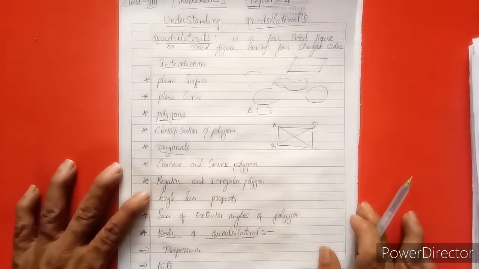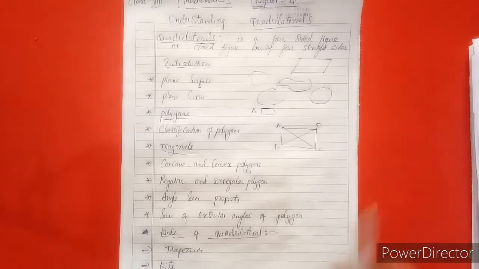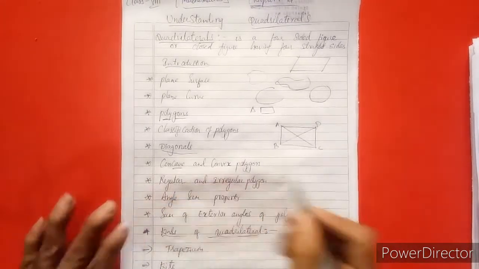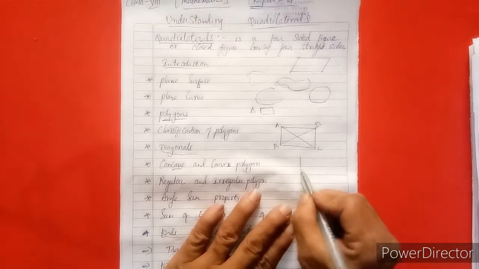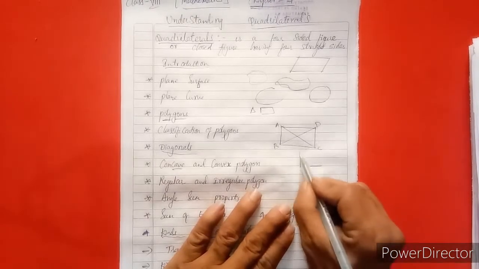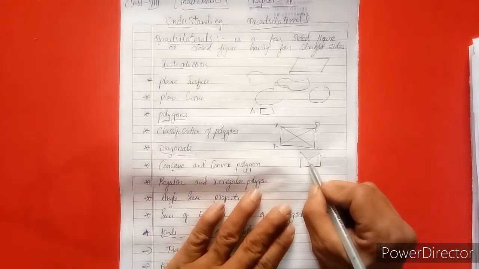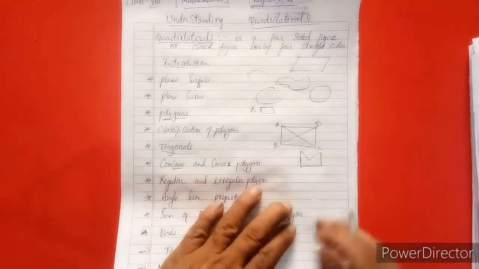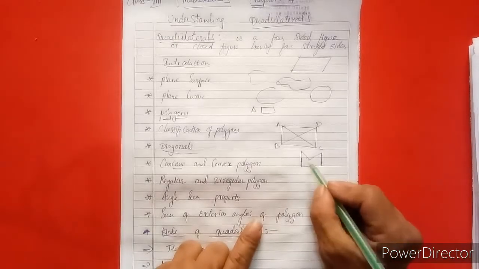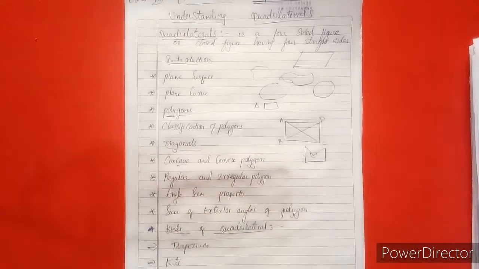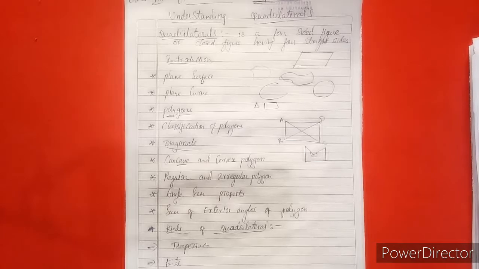Understood? Concave and convex polygon. Concave means a cave-like structure. Just assume here a figure where an angle comes inside, like a cave-like structure. That is a concave polygon.